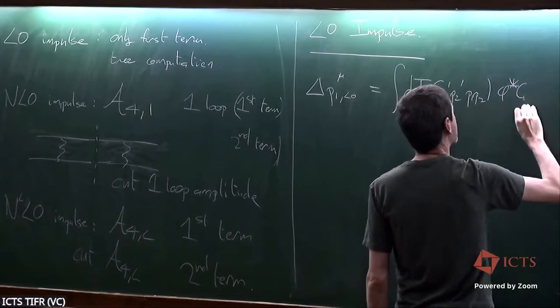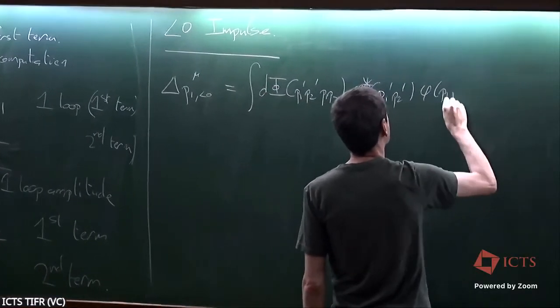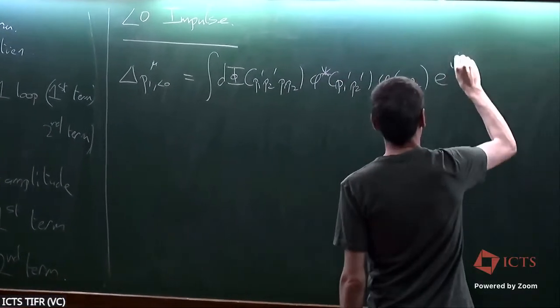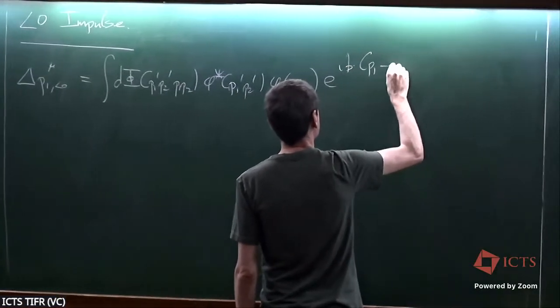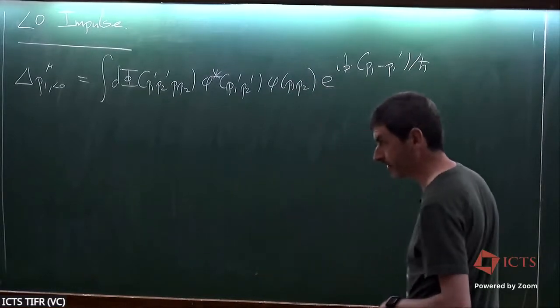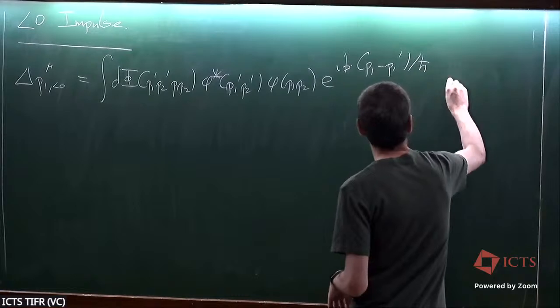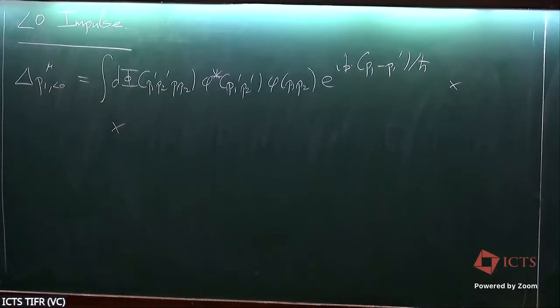We've got our wave packets. We've got our impact parameter. That's got an H bar in it. It's this translation operator times this contribution from the first term.